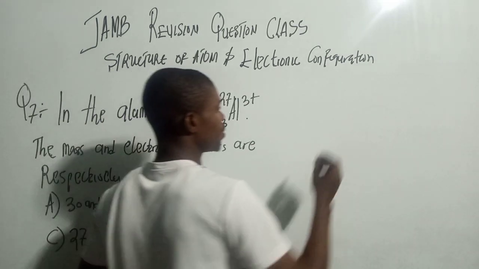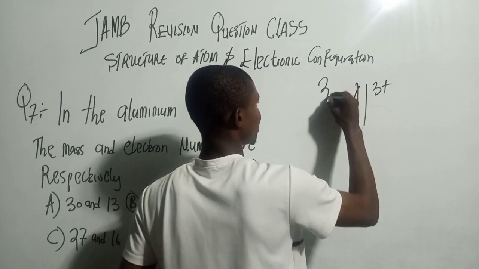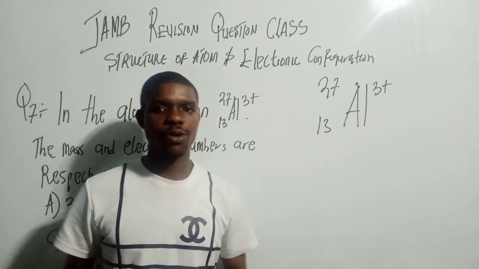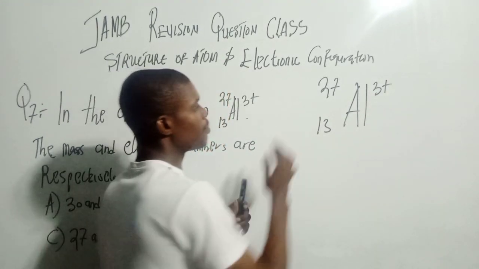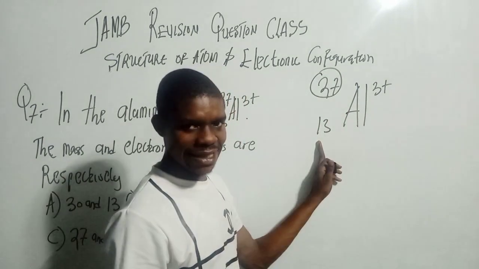So when talking about aluminium here, aluminium is 3 plus. So 27 and 13. Remember I told you that in a neutral atom, proton number and electron number are the same, right? So even though my mass number is 27, my proton number is 13. Do you get that?